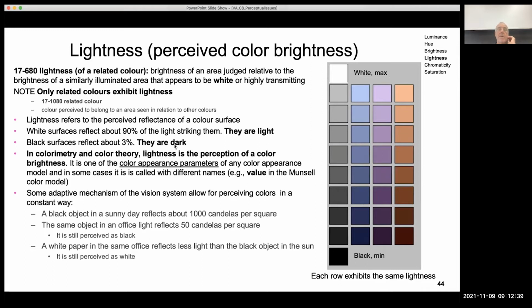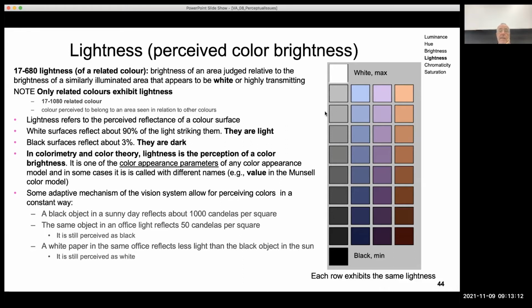It's not only a perception, but a perception that is relative with respect to something. Basically, we say that white is light because it's reflecting 90% of the striking light on it. Black is absorbing everything, basically. It reflects only 3%. They are dark, so this is a very low lightness. This is a very high lightness.